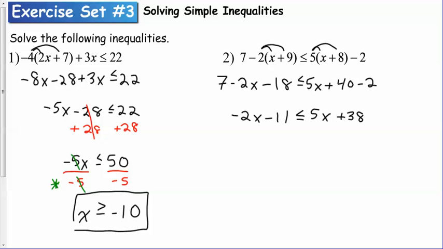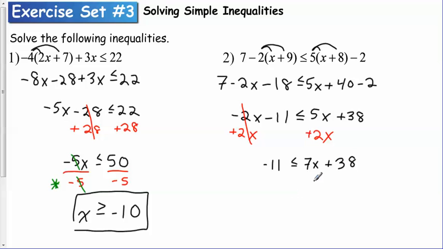Now I can get my variables to one side. Now for me, what I'm going to do, and I said I was going to do this in the previous video, I'm going to move the negative 2x to the right side. So I'm going to add 2x. That's going to give me negative 11 is less than or equal to 7x plus 38.